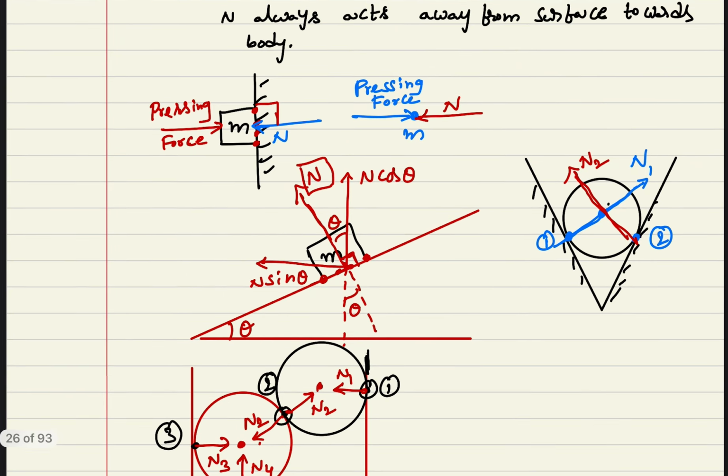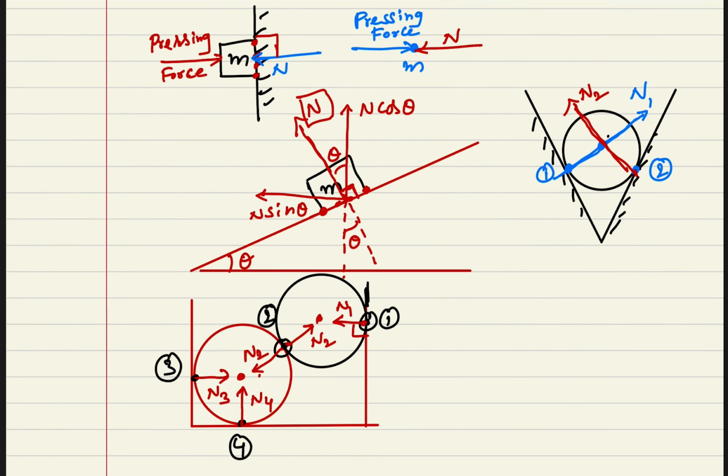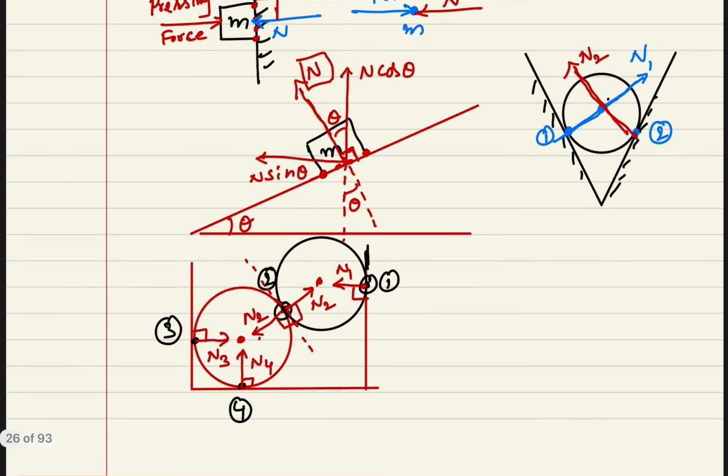Like this, contact forces will always act perpendicular to the surface of the contact. Wherever a surface is there, we have to draw a line at point 2, perpendicular to the surface of the contact, and the normal reaction will act. In the same manner, if I take a rod kept like this on the floor, and you want to write the normal force directions, one contact is here, and the second contact is on the horizontal surface.